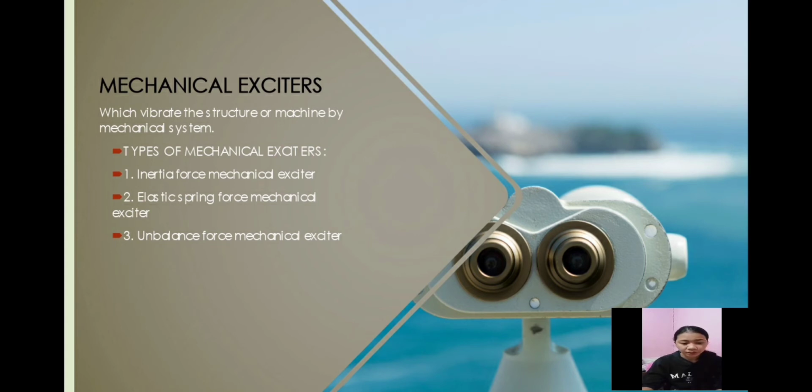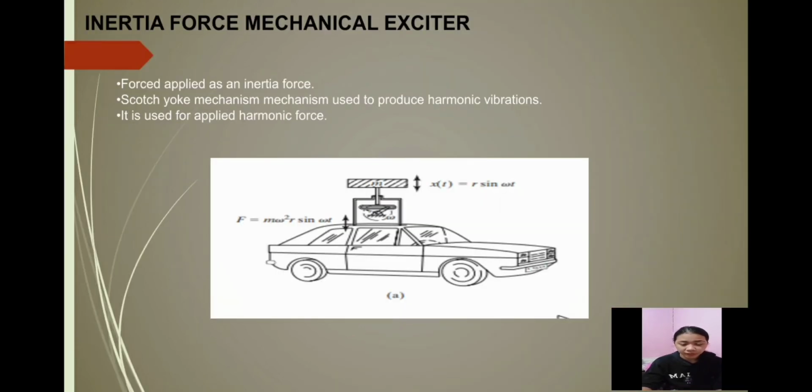Mechanical exciter vibrates the structure or machine by a mechanical system. There are three types of mechanical exciter: inertia force, elastic spring force, and unbalanced force mechanical exciters. In the inertia force mechanical exciter, force is applied as an inertia force, and a Scotch yoke mechanism is used to produce harmonic vibrations.